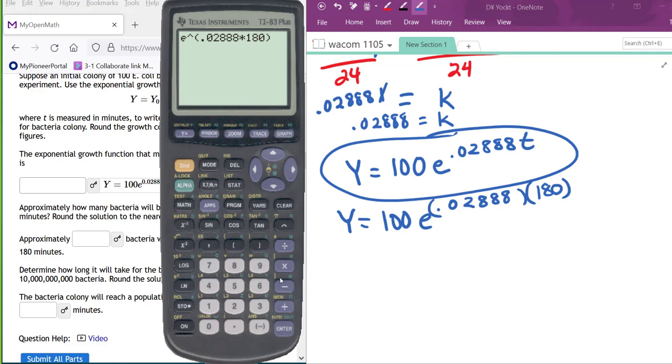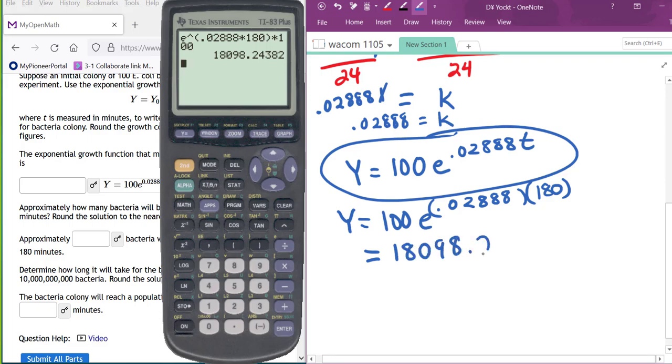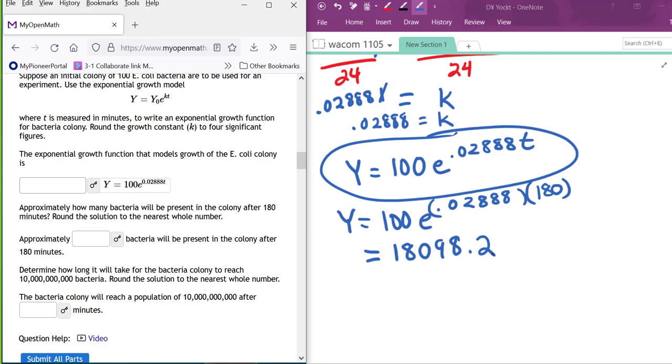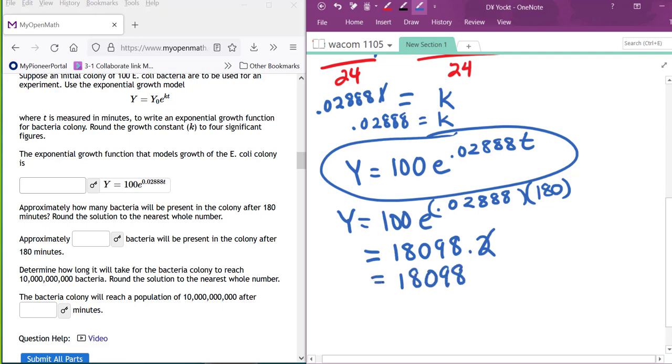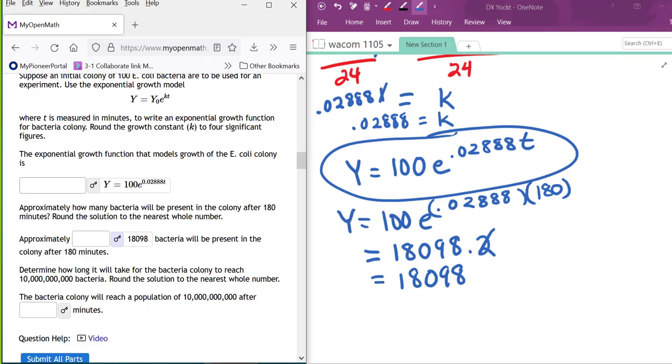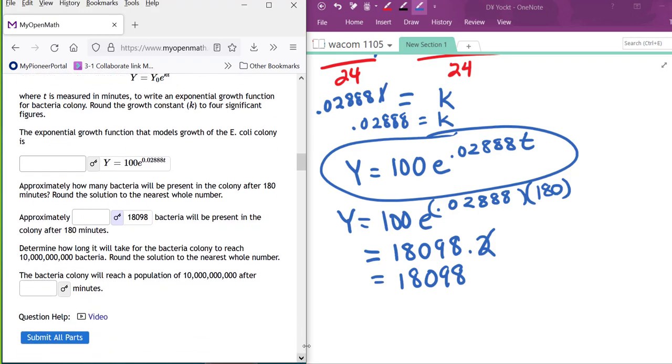We could hit enter here, or we could go ahead and do times 100. It doesn't matter, because you wouldn't have to write it down either way. You would still have it sitting there. So this would be 18098.2 and round to the nearest whole number. So this will drop off. So 18098. Very good.